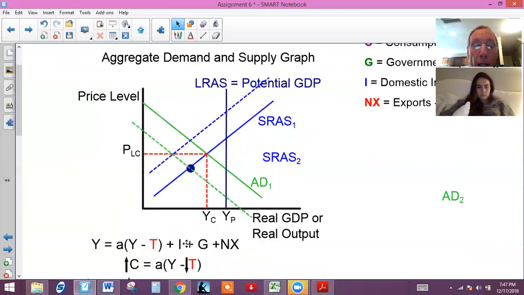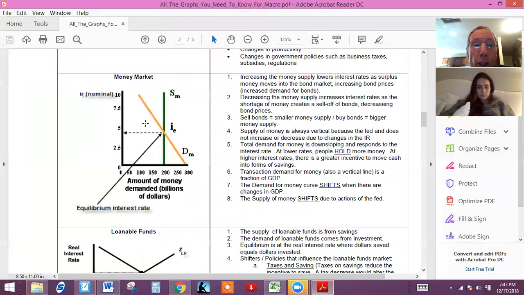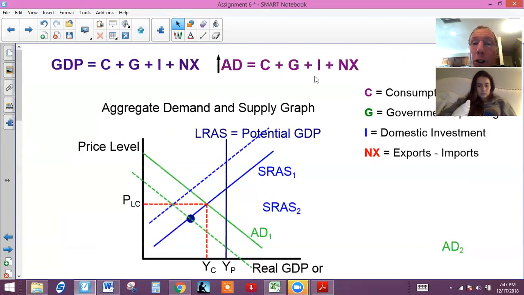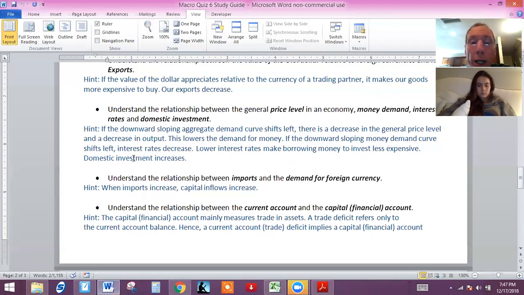So we have a shift in the money demand curve to the left, and the cost of money goes down. It's going to cause domestic investment to go up, because it makes borrowing money to invest in some kind of project cheaper. I know that's a lot going on there, but it's important to know all those relationships.